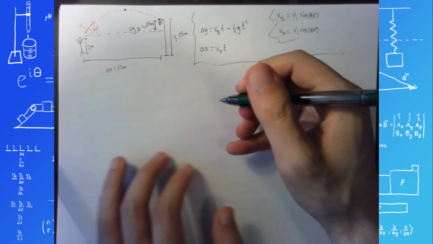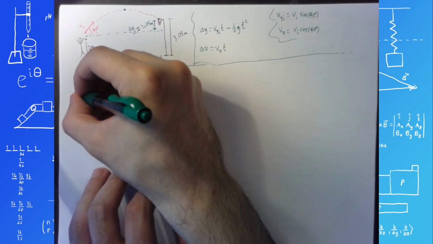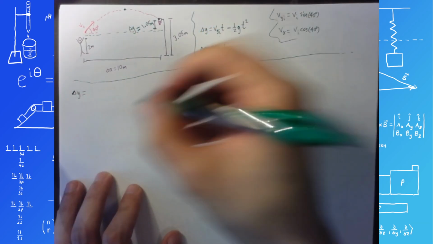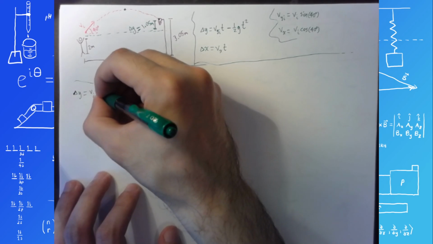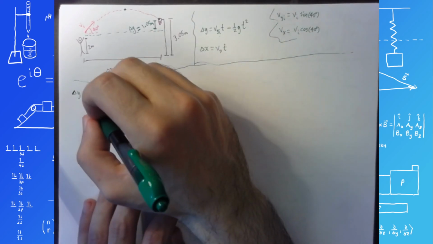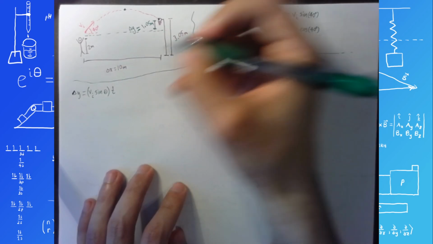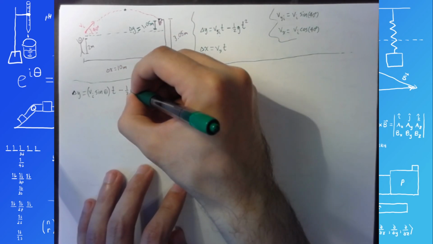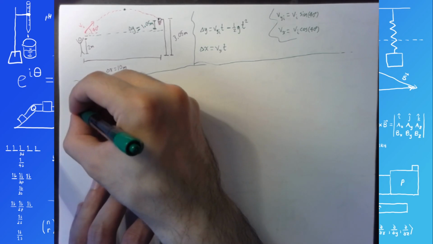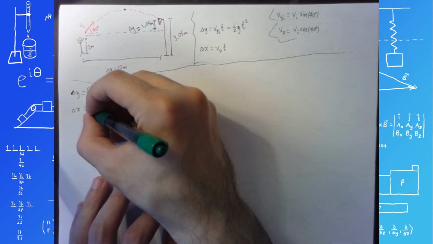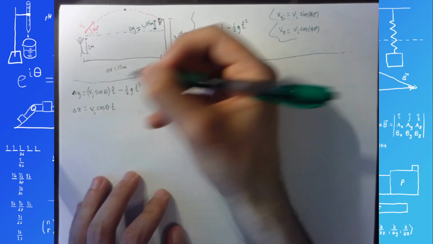So I'm going to write, I guess I'll do it over here, delta y equals, I'll just call it theta for now, V initial sine theta times t minus 1/2 g t squared, and then delta x is going to be V initial cosine theta times t.